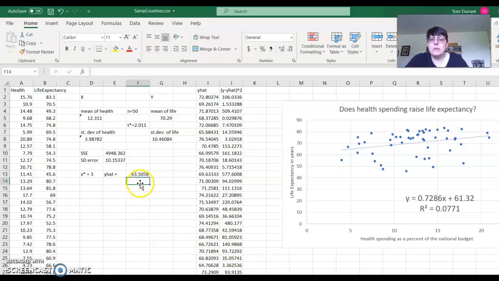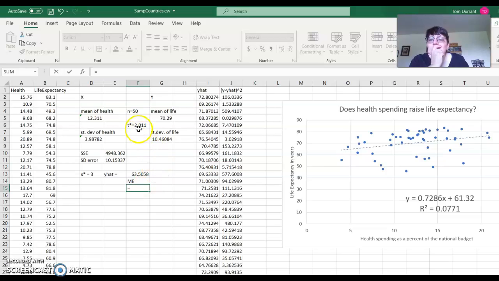Okay, so this is the y-hat, and let's get the margin of error here. So margin of error equals t star, 2.011, times the standard error, times the square root of 1 plus 1 divided by 50 plus, and then I'm going to have to put another set of parentheses in.